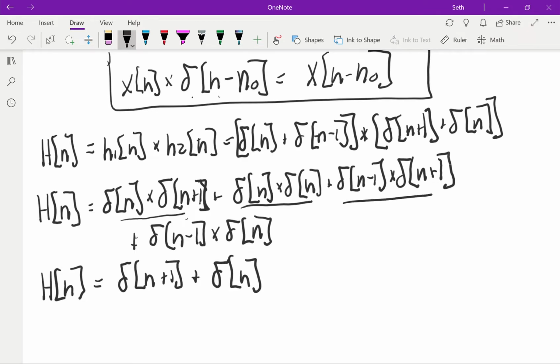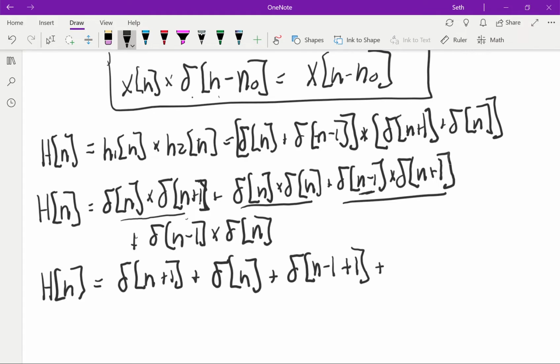Third term, we'll take delta n minus 1 to be x of n and delta n plus 1 to be the shifted delta. In that case, n naught is -1, so we get delta n minus 1, minus n naught, which is -1, so that's going to be +1.